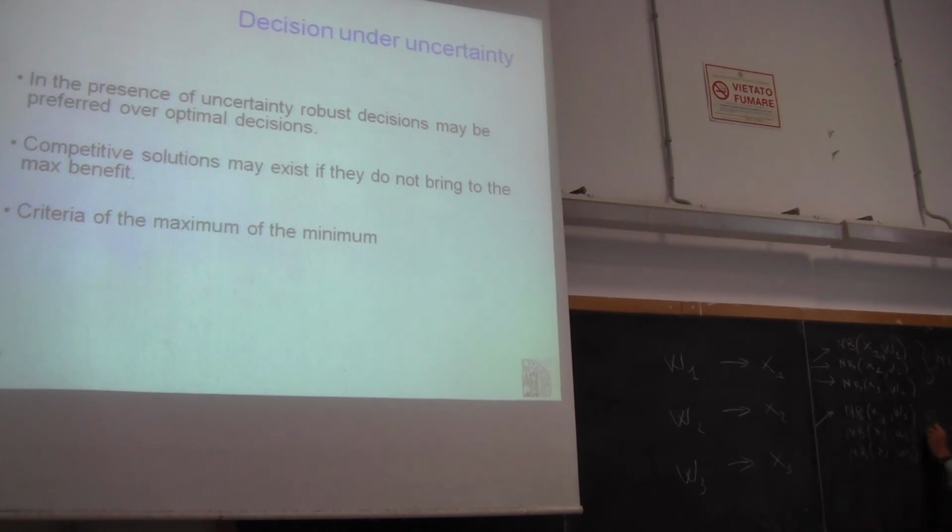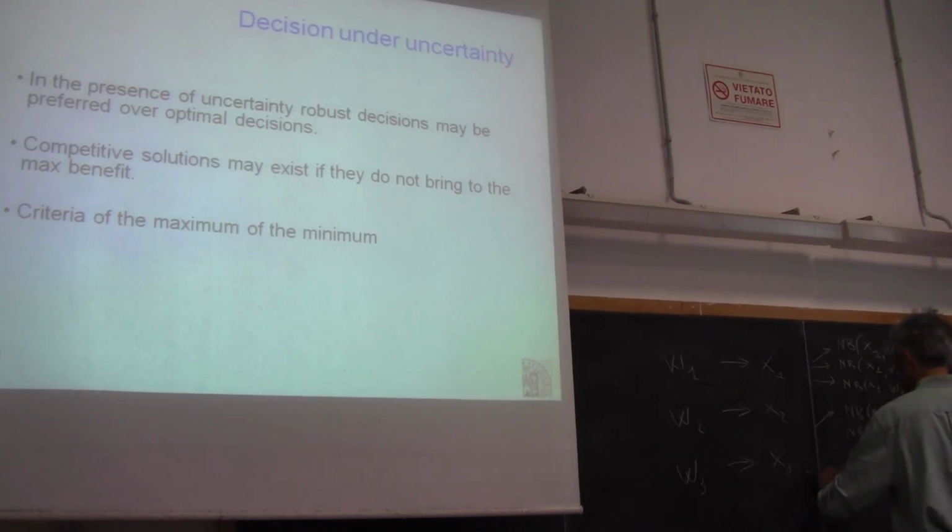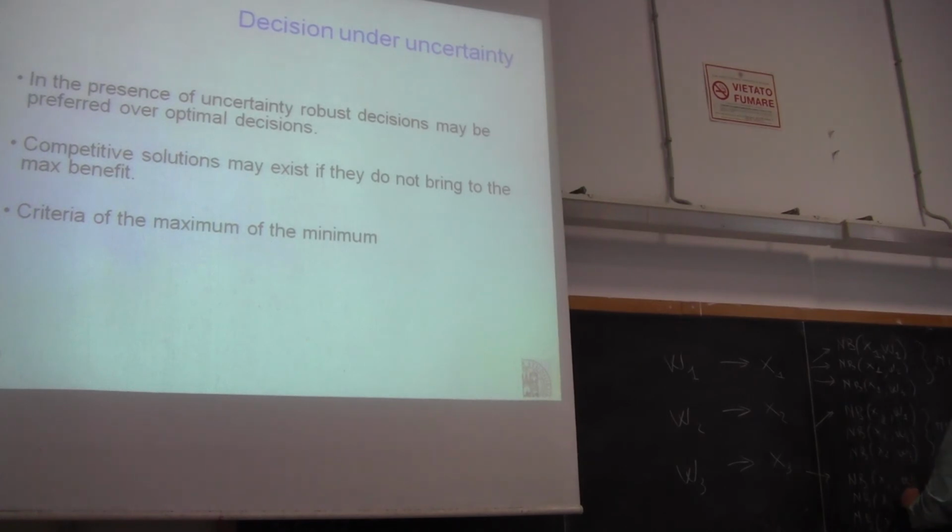And then again, let me compute the minimum. And then I have x3 again. Let me compute NB x3 W1, and then NB x3 W2, and then NB x3 W3. And then let me take the minimum.